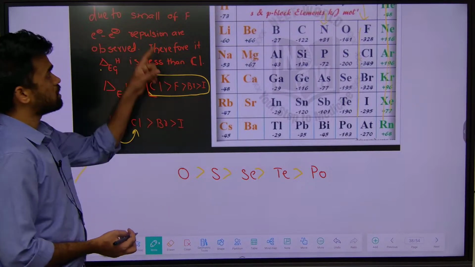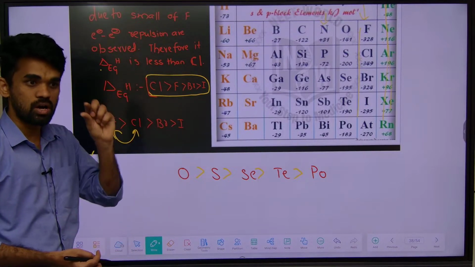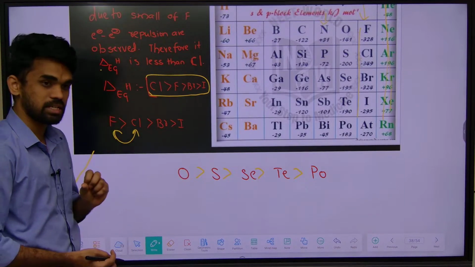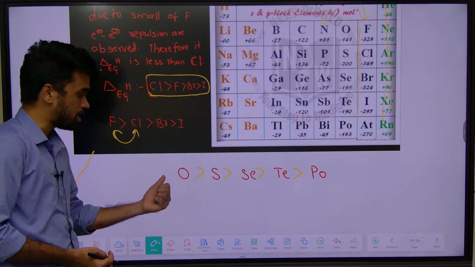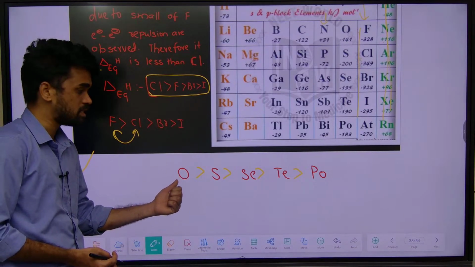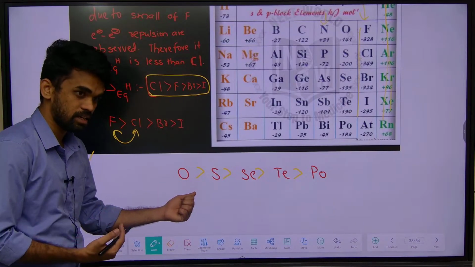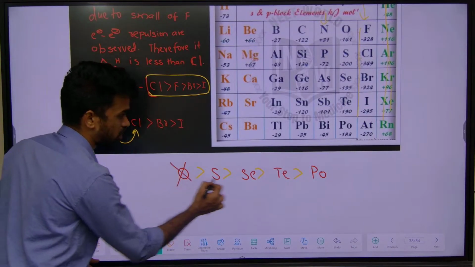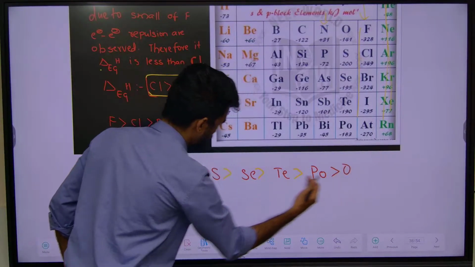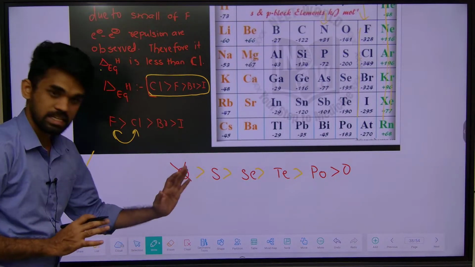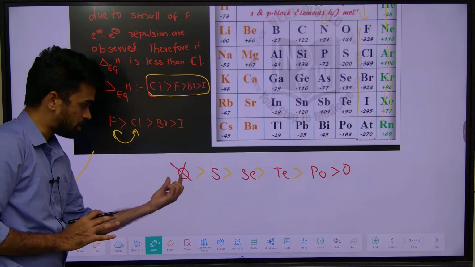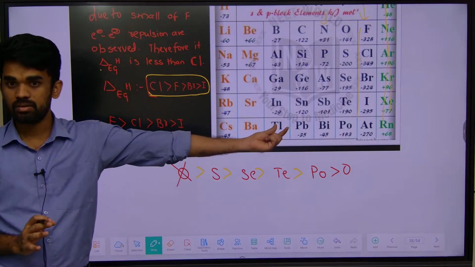But whatever story we studied here, due to the small size and more electron repulsions, fluorine is kept after chlorine. So here also we may think oxygen will be placed after sulfur, but not after sulfur. It will be the least. Remaining everything is the same. So write in the same way, but bring oxygen to the last.